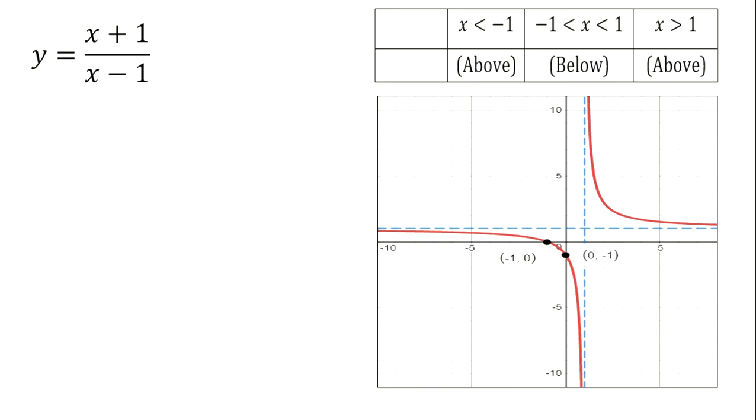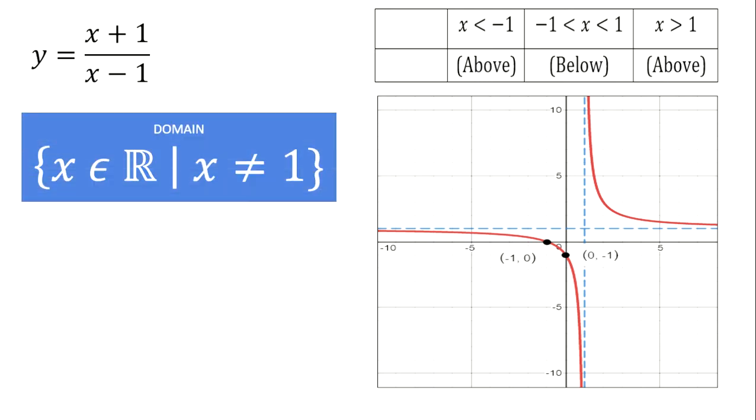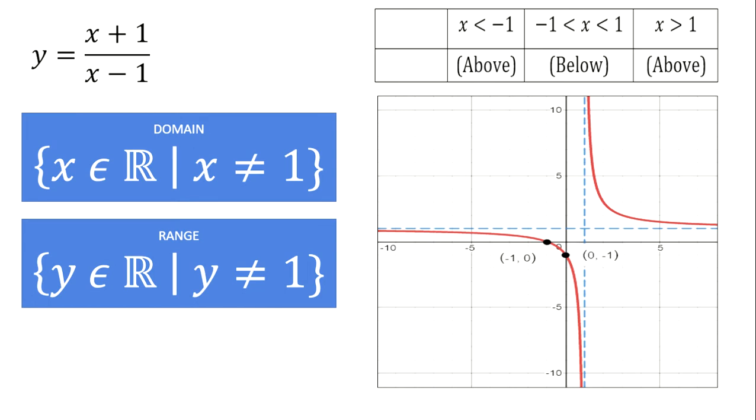And for the range, from bottom to top, the only value of y that is not included here is the horizontal asymptote, which is 1. So in this case, the domain and range are all real numbers except 1.